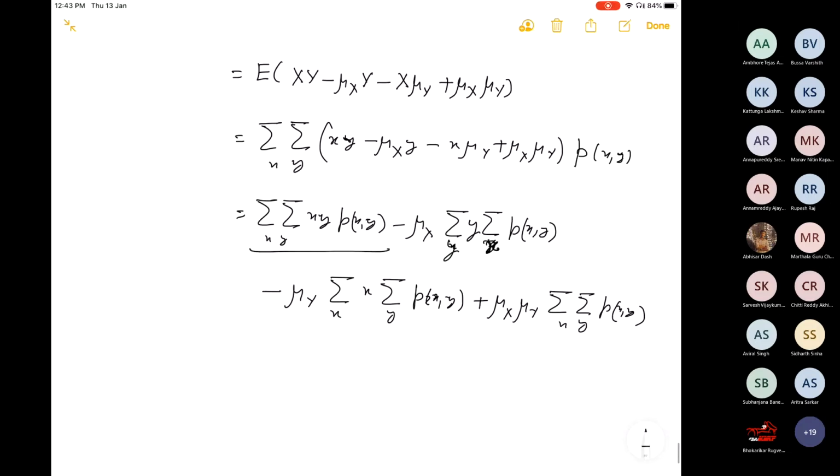So the first term is nothing but the definition of the expected value of XY.